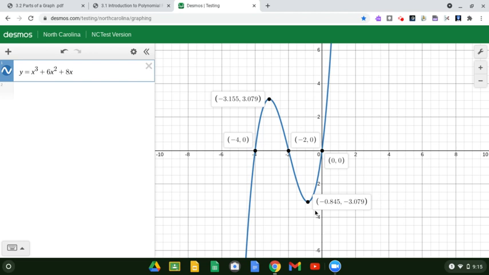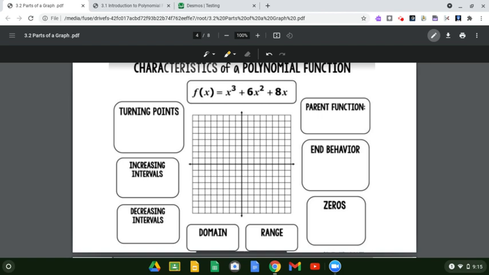Let me go and put that information onto our note sheet. I'm going to put the zeros first: -4, -2, and 0. Did it ask for the zeros? Yes, it did. So x equals -4, x equals -2, x equals 0.